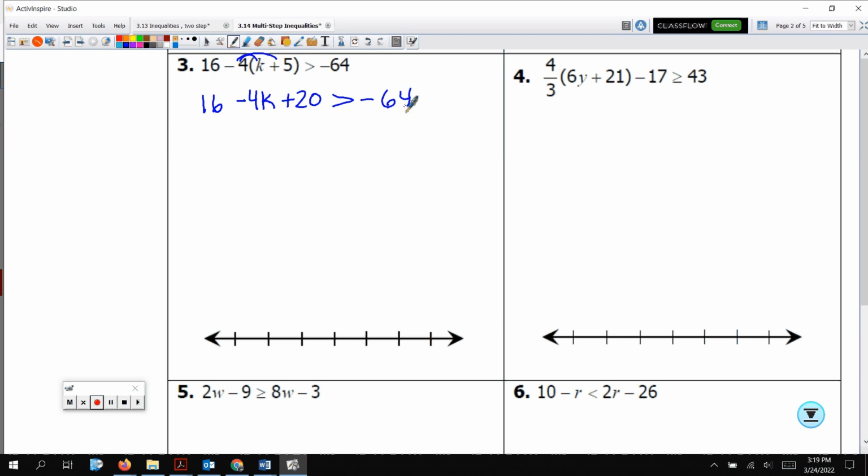Check to see if you have like terms. I do see positive 16 and positive 20. They are like terms. Bring them together, add them together because they're both positive. 16 plus 20 is 36 minus 4k greater than negative 64. Subtract 36.